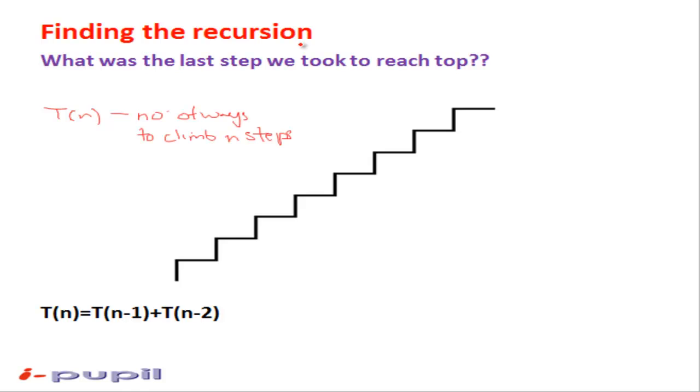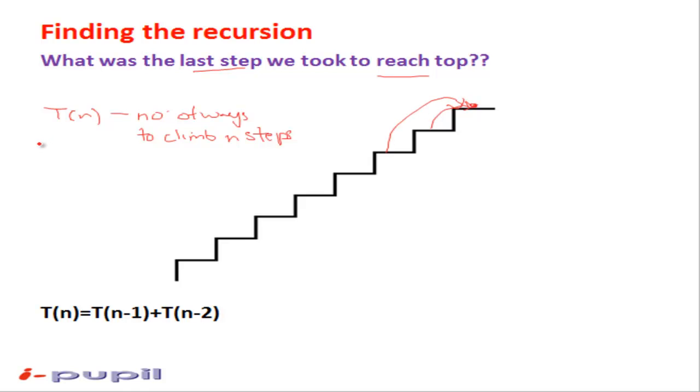To implement dynamic programming, we first find the recursive equation for solving an overlapping subproblem. So in this example, what we do is we think of the last step we took to reach the top. So we are at the top, and suppose we are here. So what would have been the last step to reach here? We either would have taken a one step or a two step to reach the top.